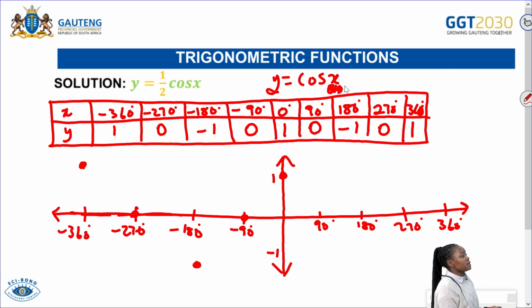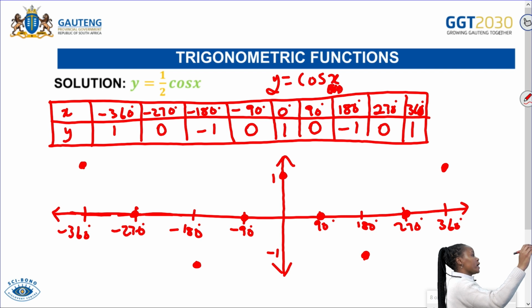And then when x is 90, y is going to be 0. And when x is 180, y is going to be negative 1. When x is 270, y is going to be 0. And when x is 360, y is going to be positive 1. It's going to be somewhere up there.